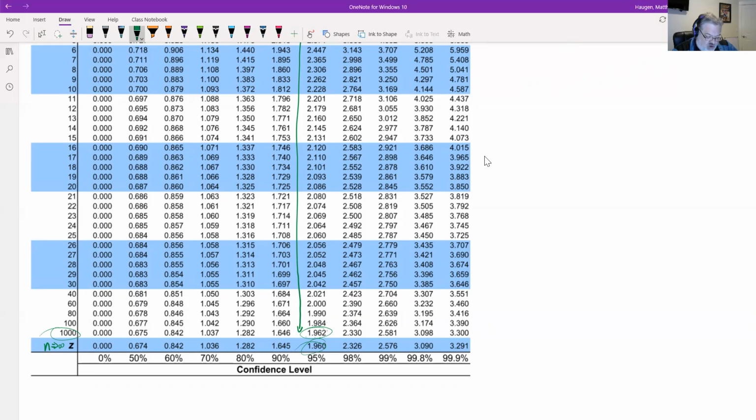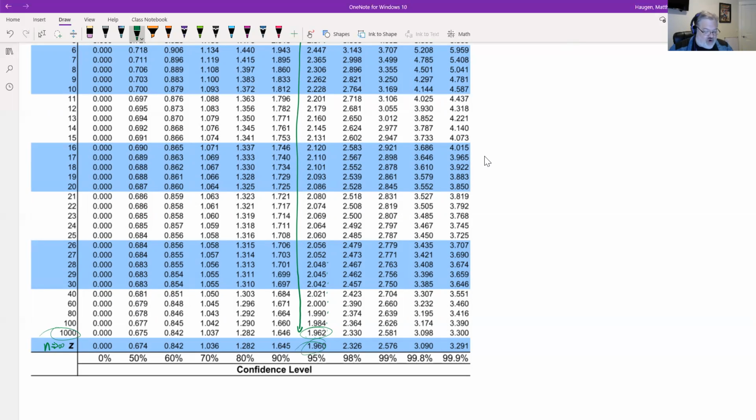But notice the smaller the sample size, the larger the t-score becomes, giving us more space to account for, one, the small sample size, and two, using the sample standard deviation instead of the population standard deviation.